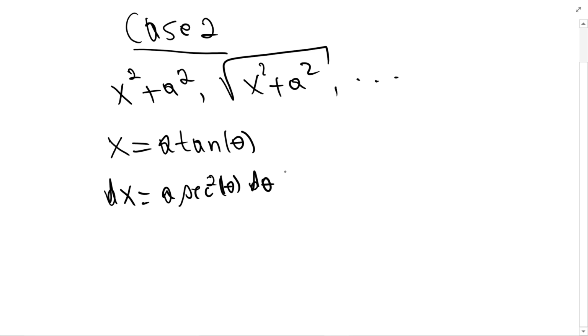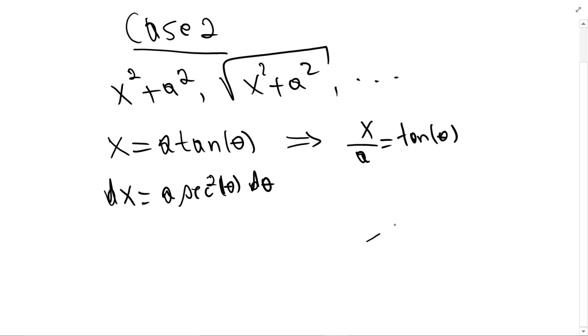Now, with respect to the trigonometric substitution, if you divide both sides by a, you will get tangent theta equals x over a. So we're going to use this to draw our right triangle.